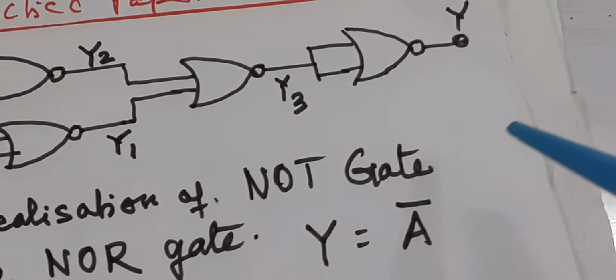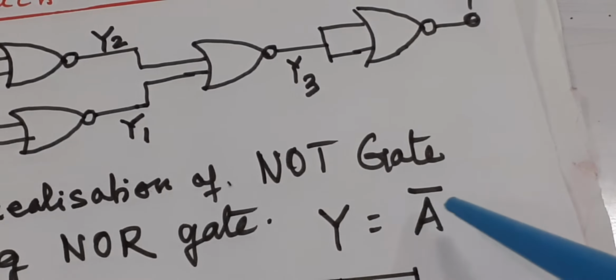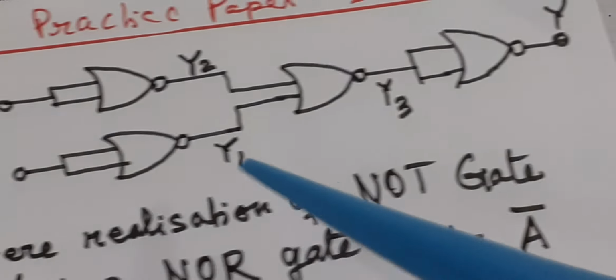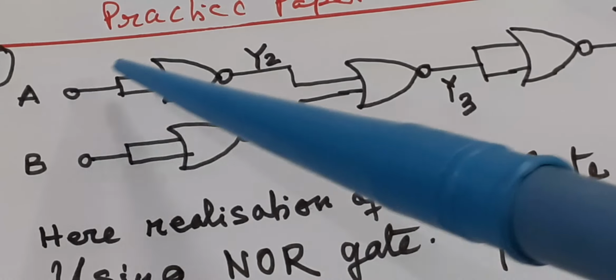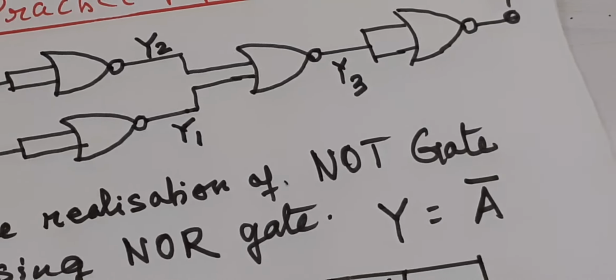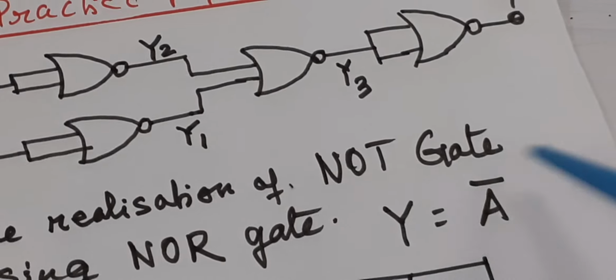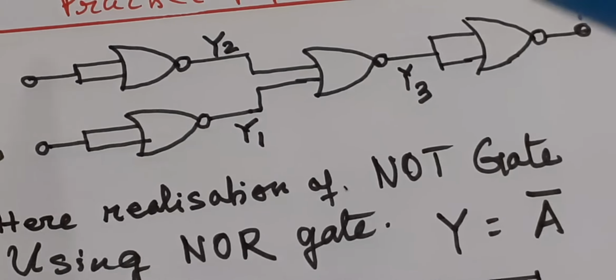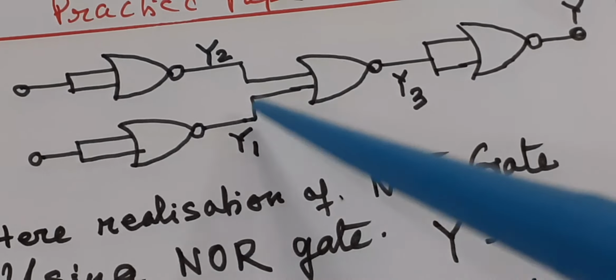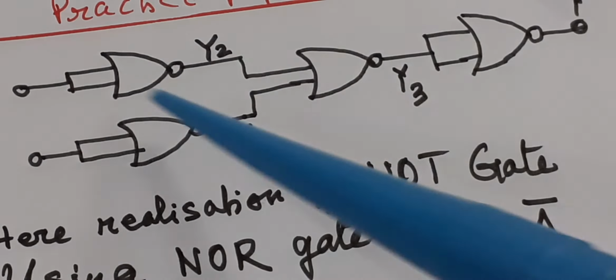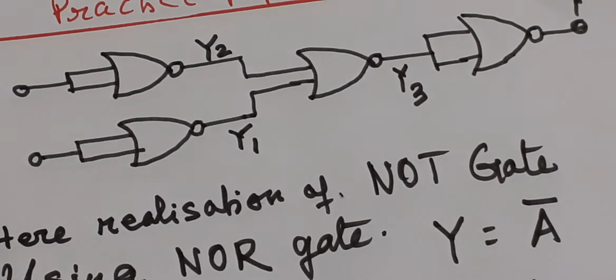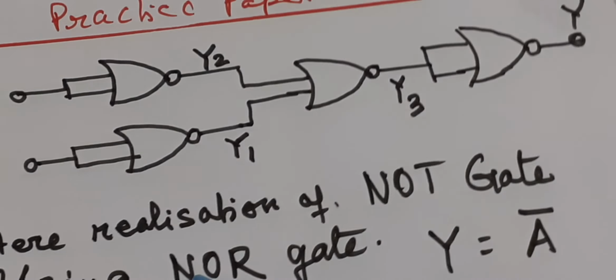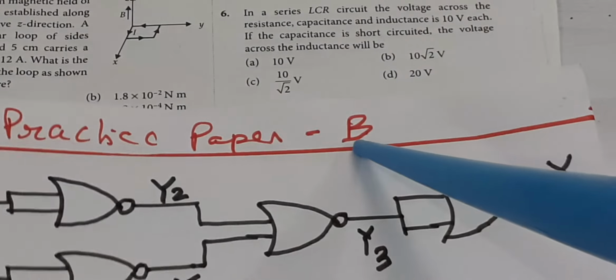The output will be y equal to A bar. If you give 0 at A, both inputs are 0, so the output will be 1. That means this is a NOR gate acting as a NOT gate, whatever you give, the opposite comes. If you give 1, it will give 0.